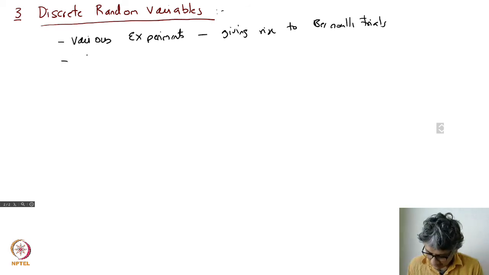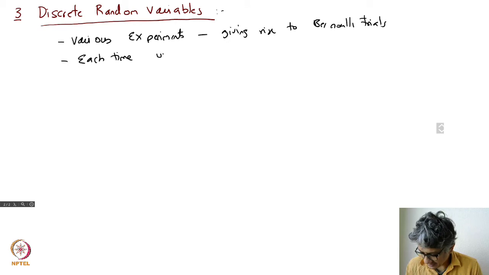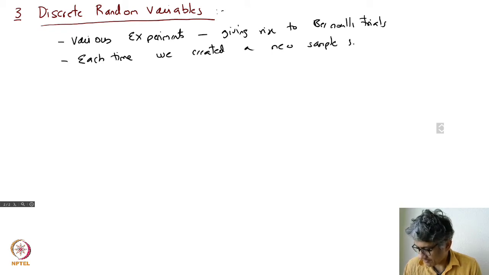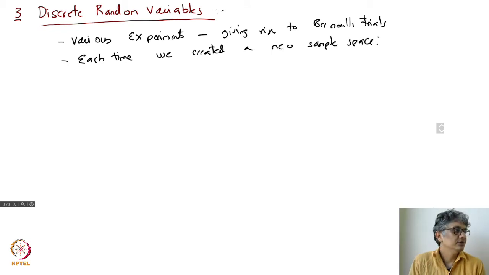But each time we created a new sample space. So this is a sample space for a new distribution.